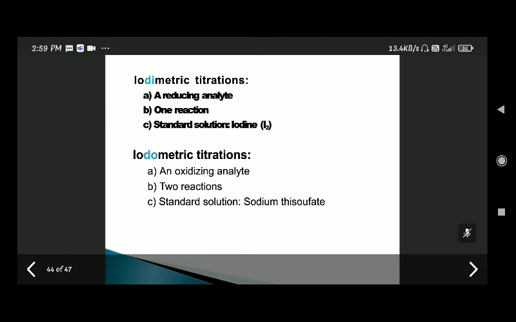There they will ask you what is a self indicator, what is the difference between an internal indicator and a self indicator, what is an external indicator, and about E0 values of different systems. For the MnO4- / Mn2+ system, all of you should know the E0 value.